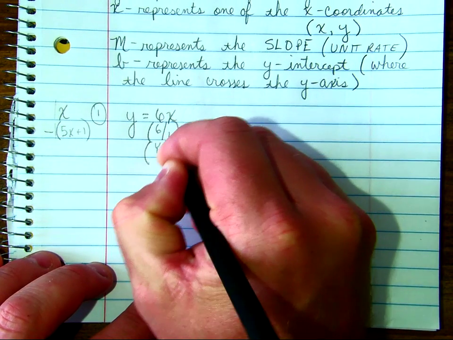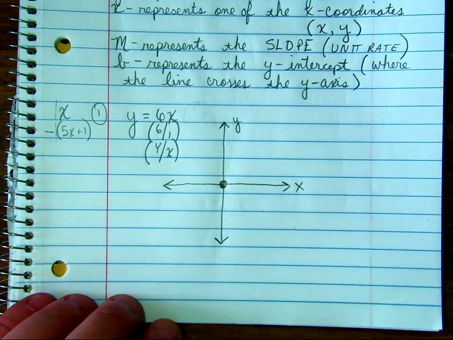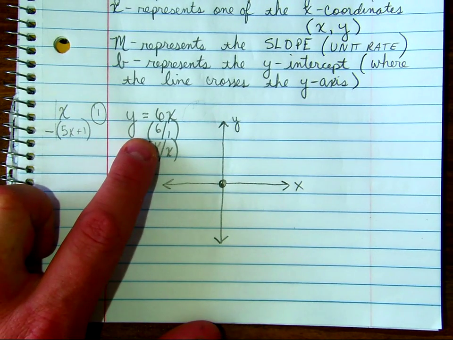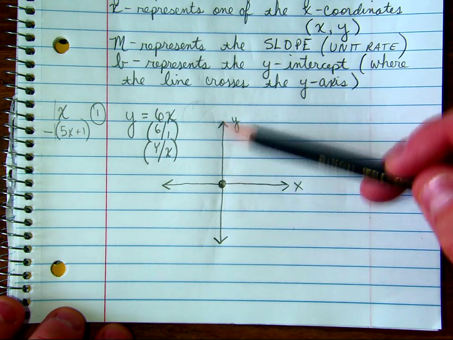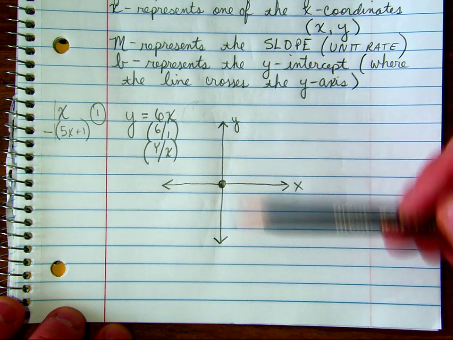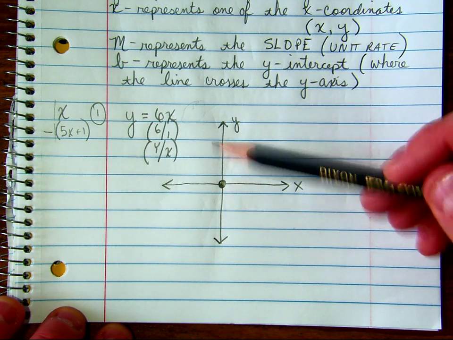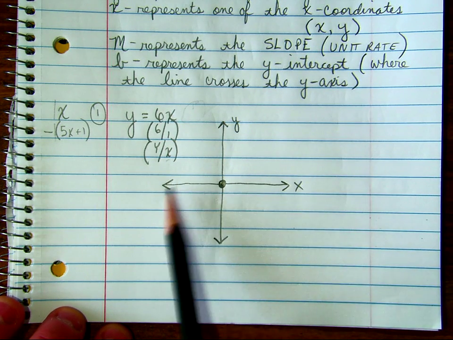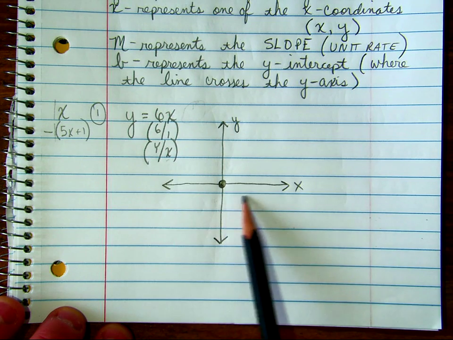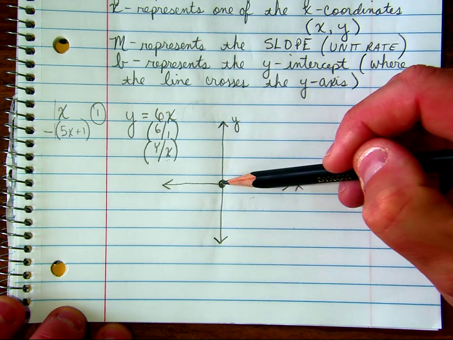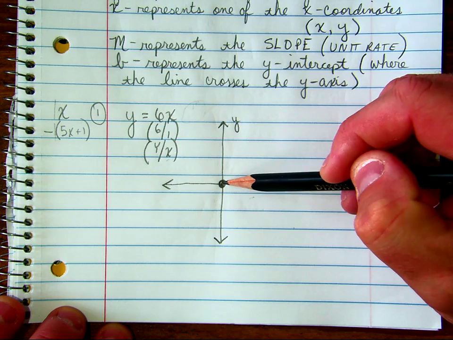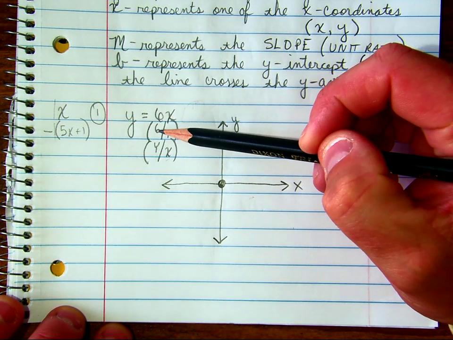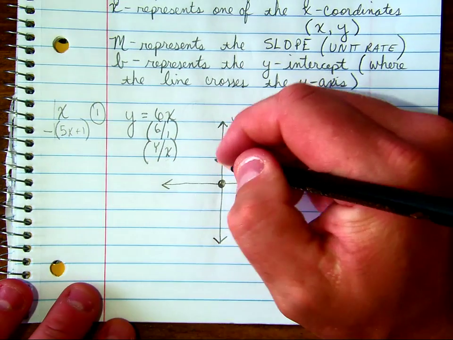Y over x. So the positive 6 represents the vertical change. The positive 1 represents the horizontal change. So starting at the y-intercept, I'm going to go up 6 because the 6 is positive.